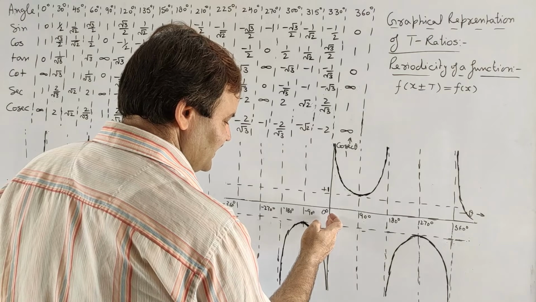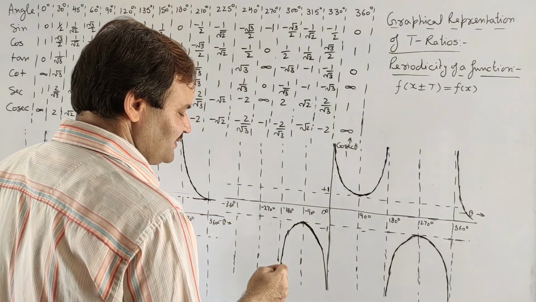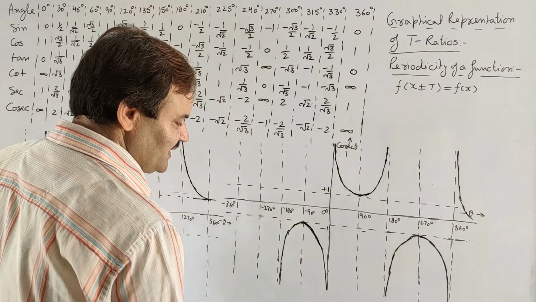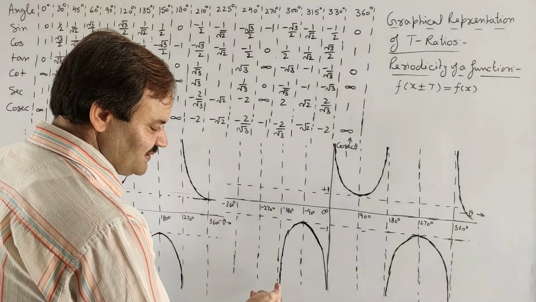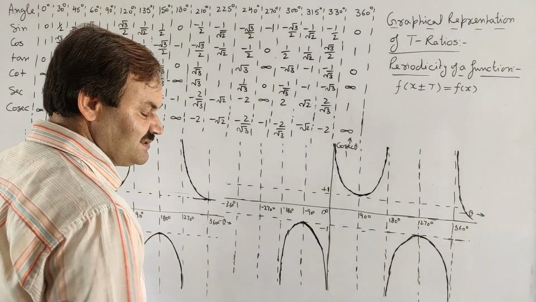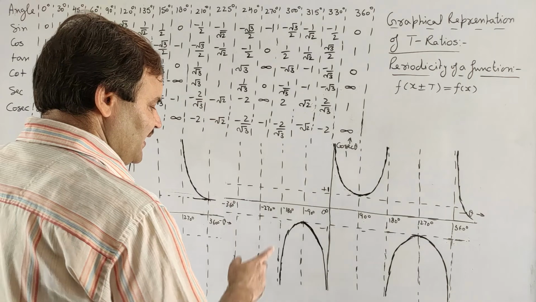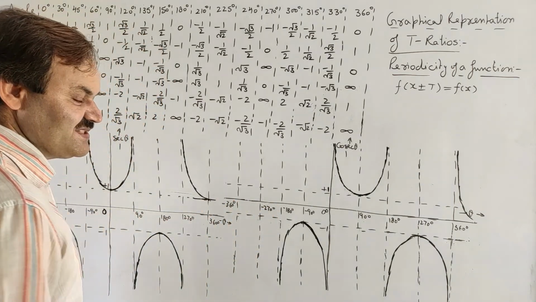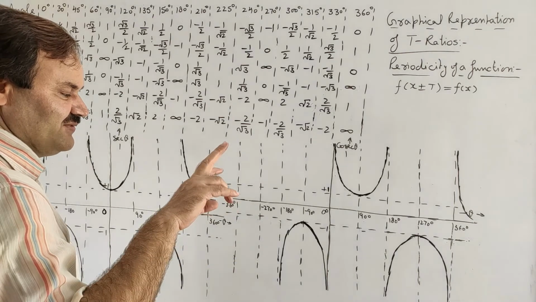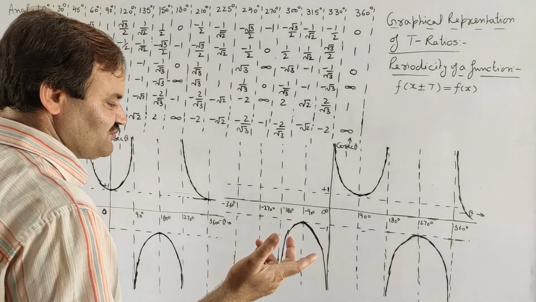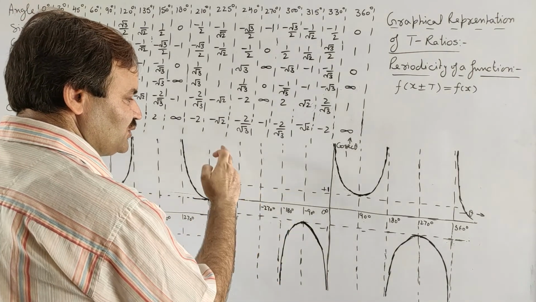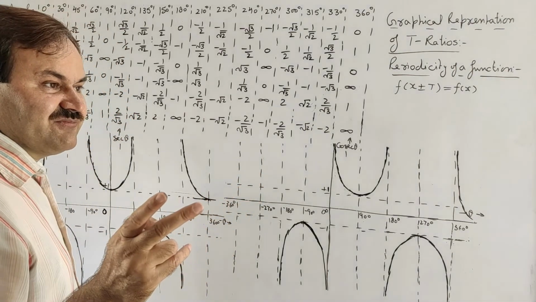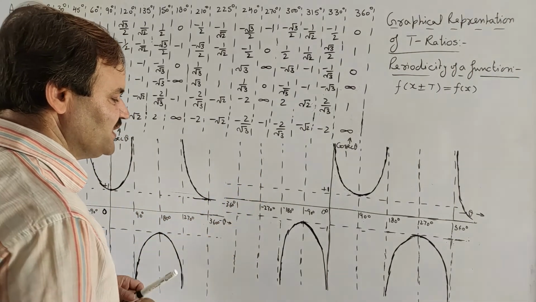And for the value of theta just less than 0 degree and just more than minus 180 degree, cosec theta will have infinite values. Now from minus 180 degree to minus 360 degree, we will have the second and first quadrants, and in both these quadrants the value of cosec theta will be positive.